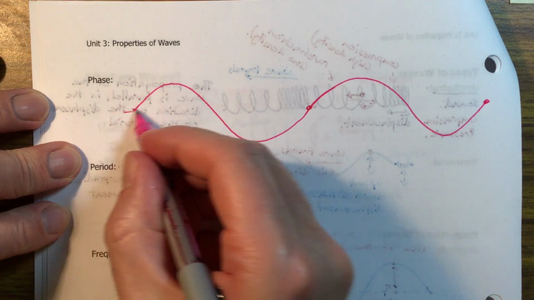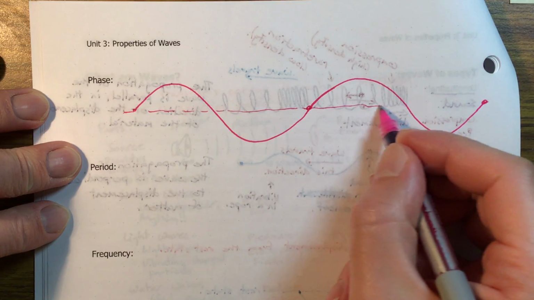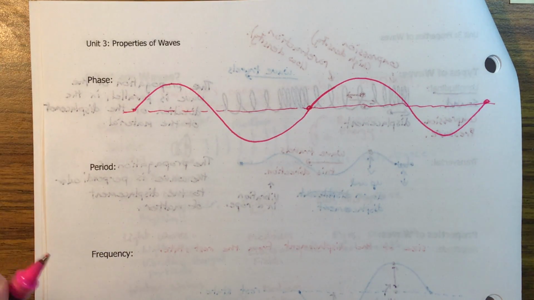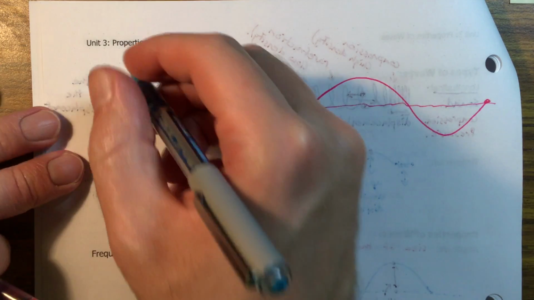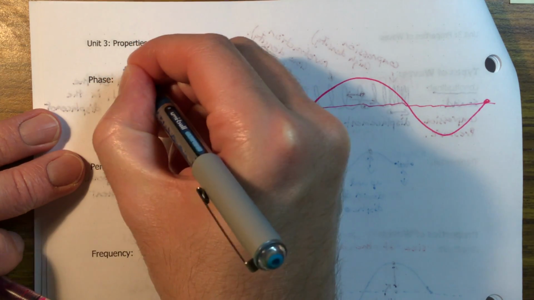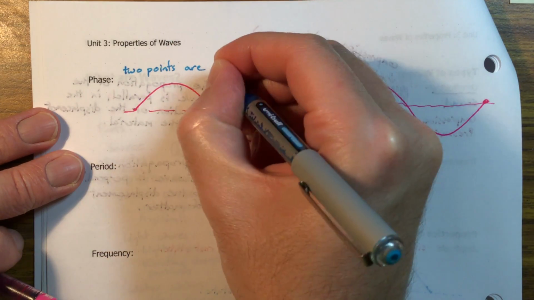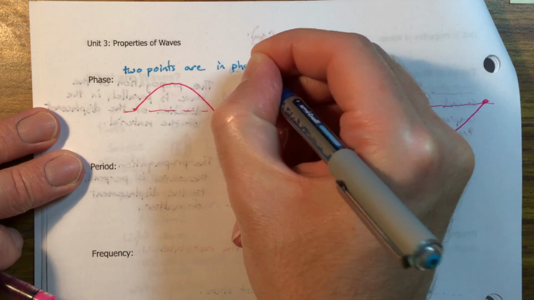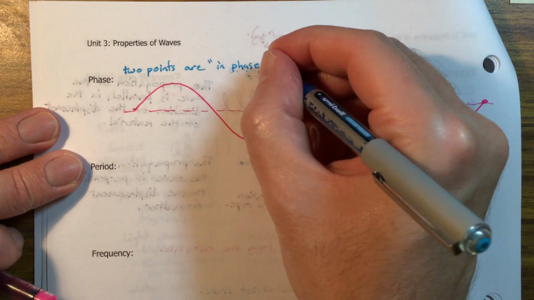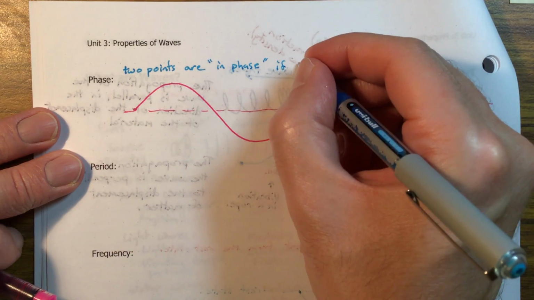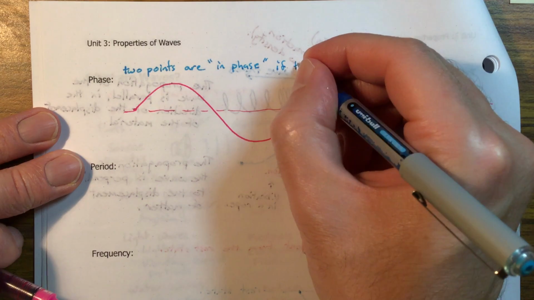Okay, so right here's our rest line. So 2 points are in phase if they are on matching parts of the wave.